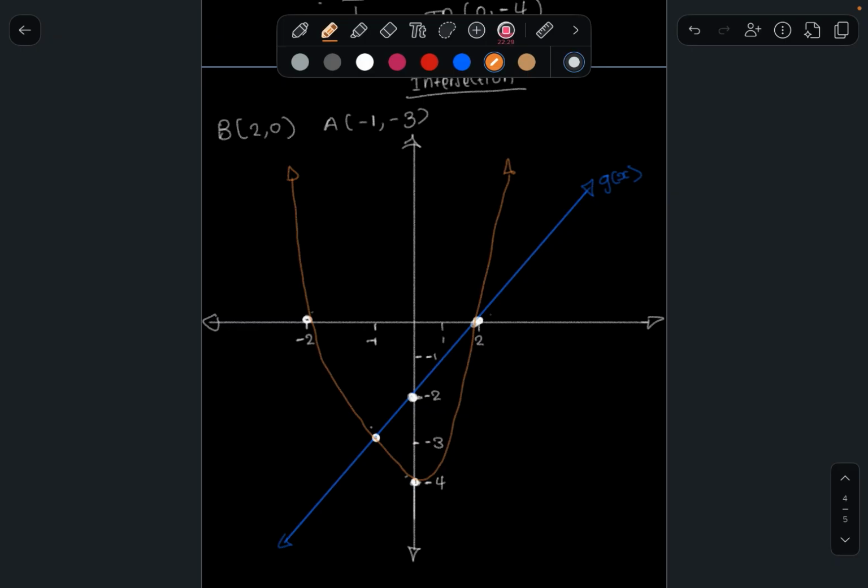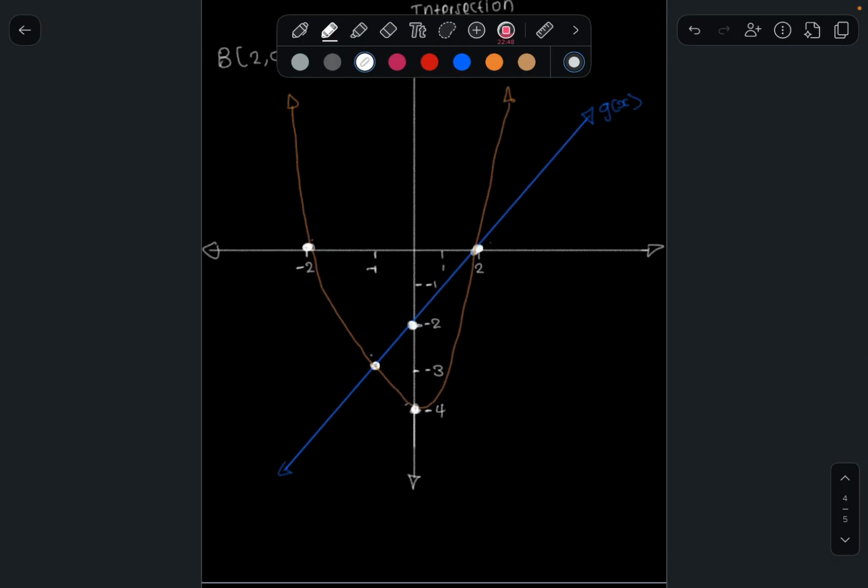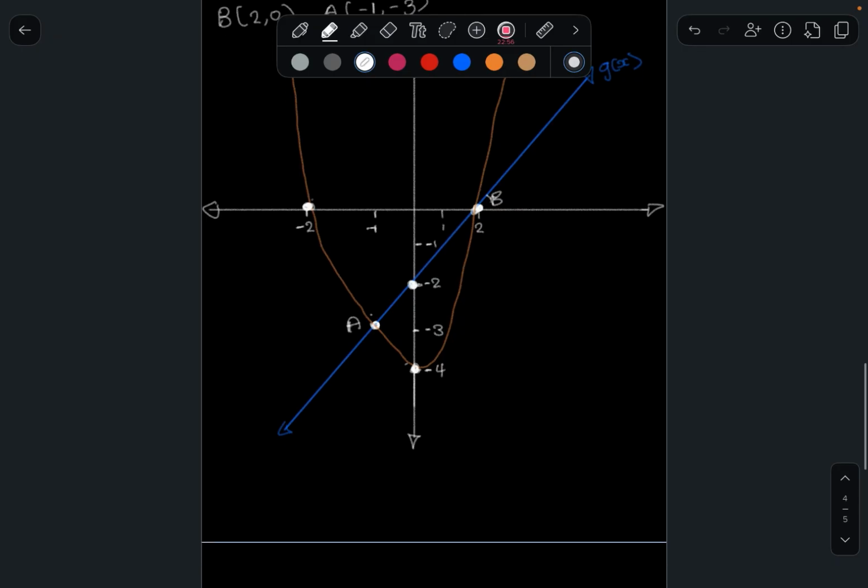Try to curve it a bit. I'll try again next time. Try to make it nice so you can get marks. Right? I can note that this is point A. This is point B. You'll also name your points, right? So you can get marks. You must label the points.